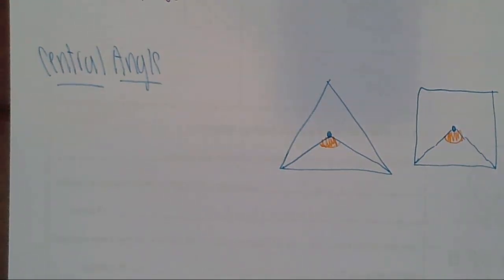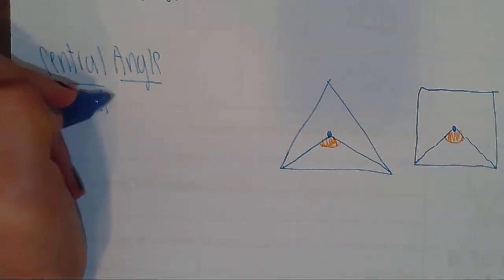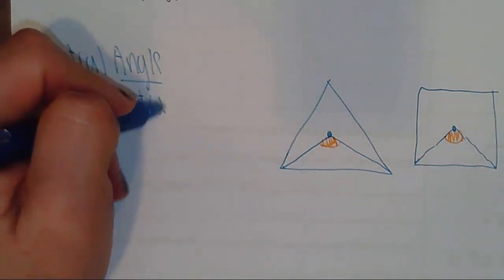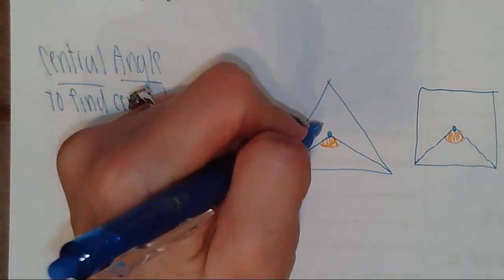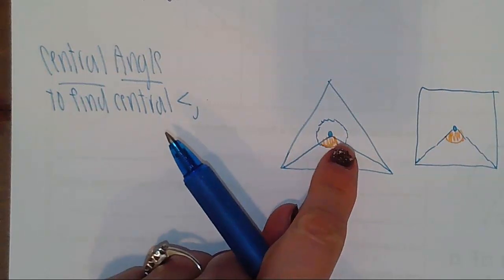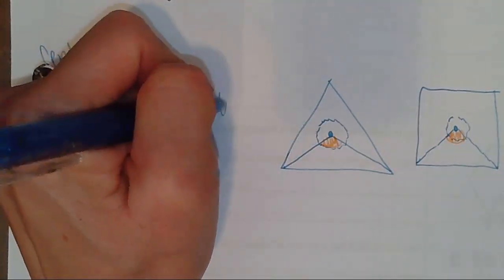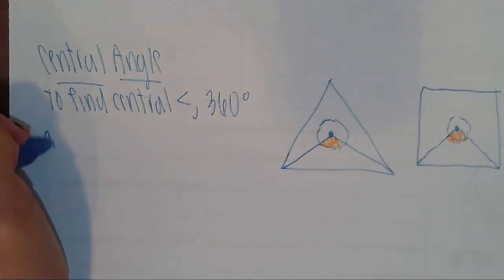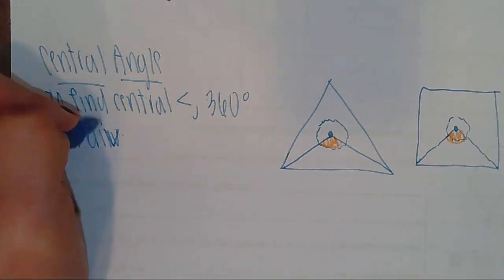And how to find the central angle, you take 360 degrees for the entire circle that goes around the center and divide it by the number of sides.